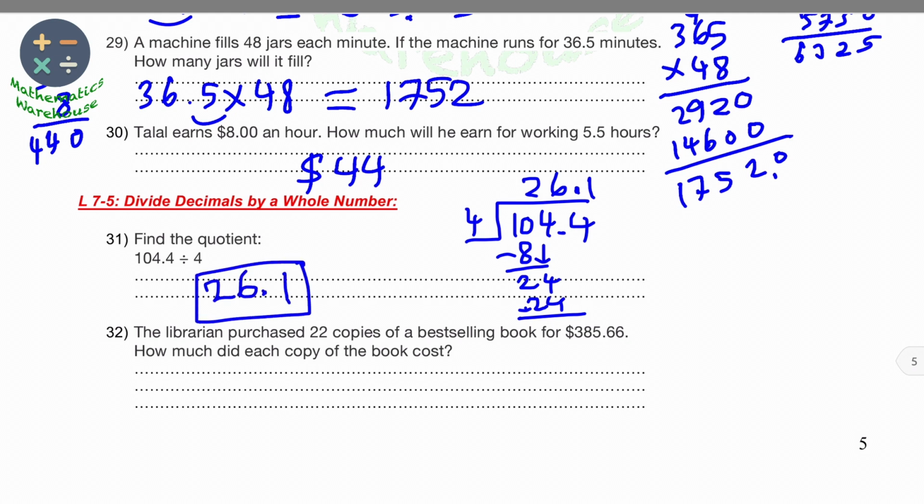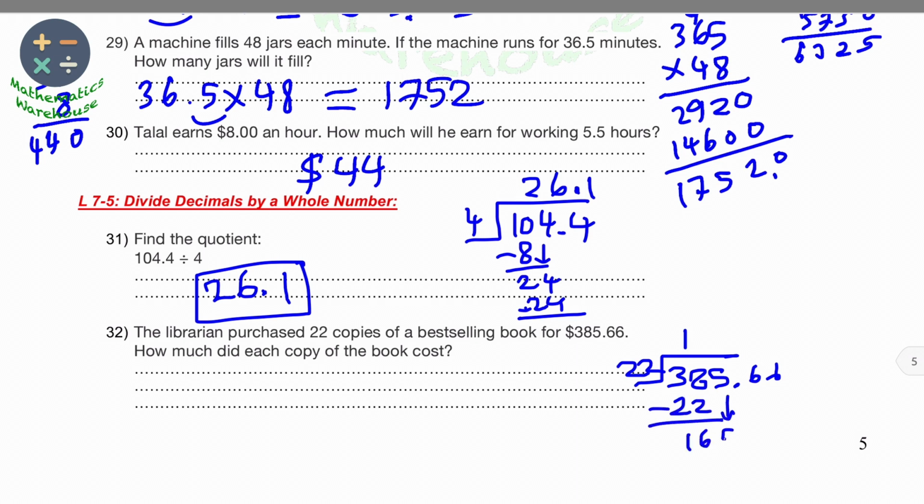Next question. The librarian purchased 22 copies of a best-selling book for $385.66. How much did each copy of the book cost? So we have to divide 385.66 by 22. Now 38 divided by 22 equals 1, 1 times 22 equals 22. Subtract equals 16.